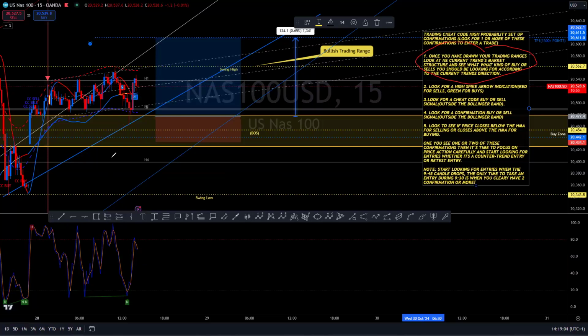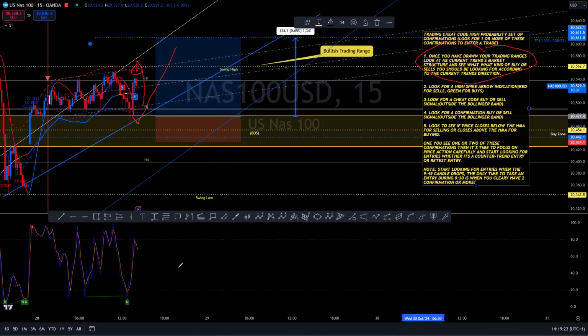But what we want to look for is we want to wait for price to either stick out of this Bollinger Band and go up, and then do a strong penetrant sell, or come down to here, stick out of this Bollinger Band and do a cheat code buy or a confirmation buy and then buy up. Okay.